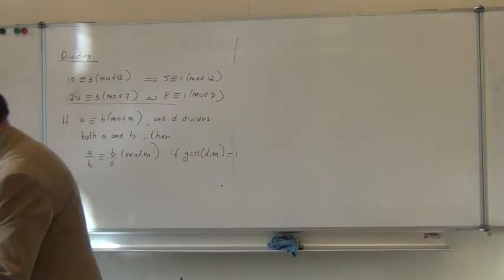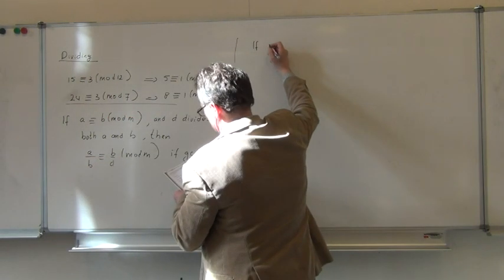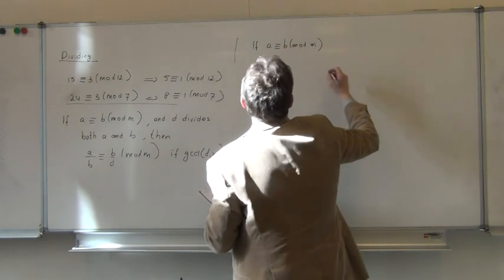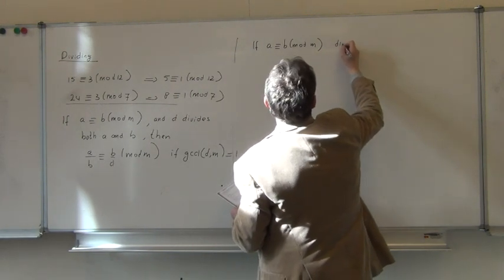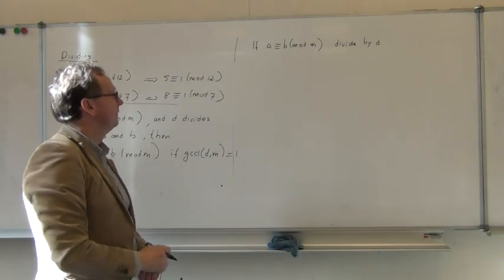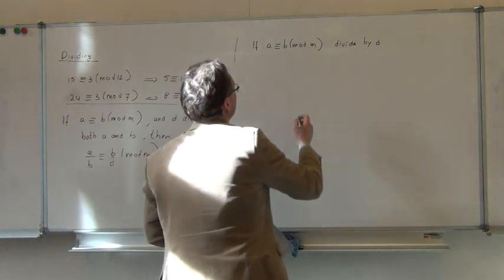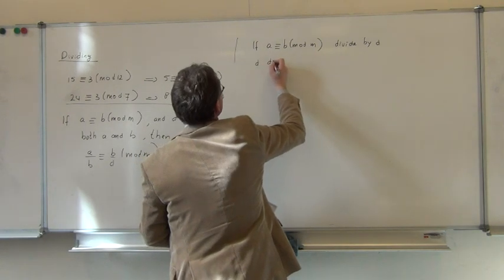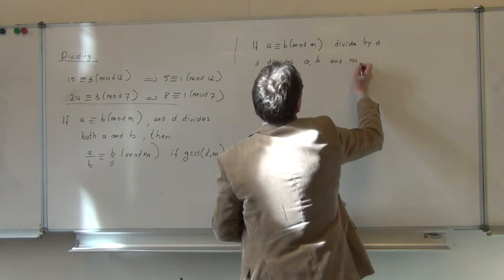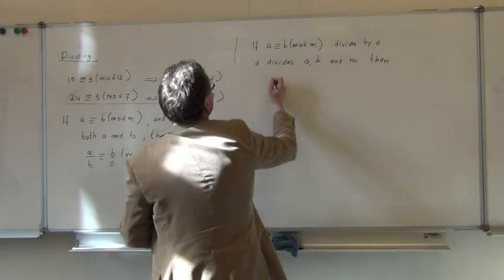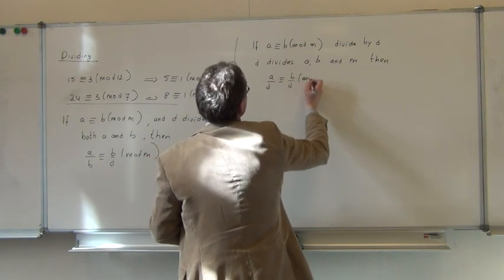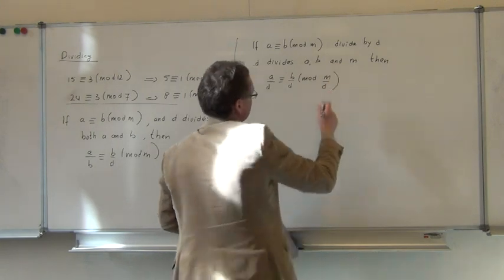We start with: if A is B modulo M and we want to divide by D, but now suppose that also M can be divided by D. So D divides A, B and M, then A divided by D is congruent B over D modulo M over D.